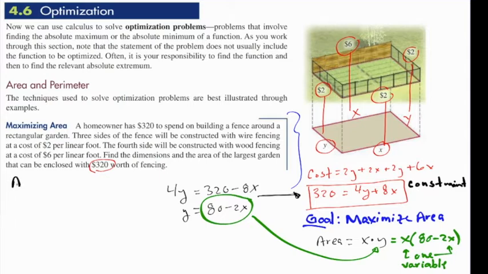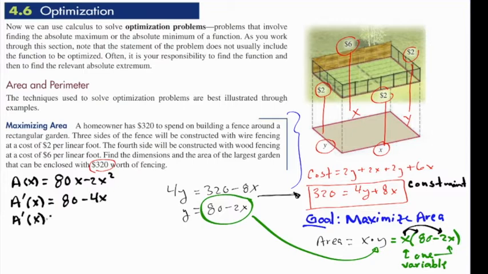A of x equals, and I'm going to distribute this x through the parentheses. So that gives me 80x minus 2x squared. The first derivative, A prime of x, will be 80 minus 4x. And if we solve A prime of x equal to 0, we get x equals 20.